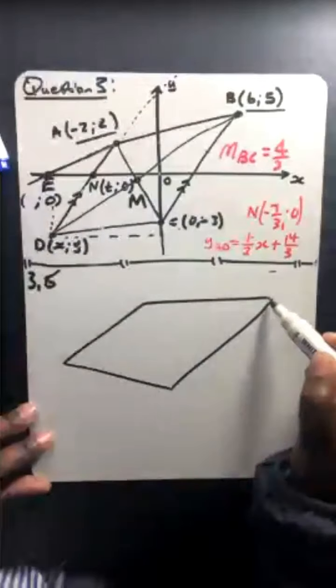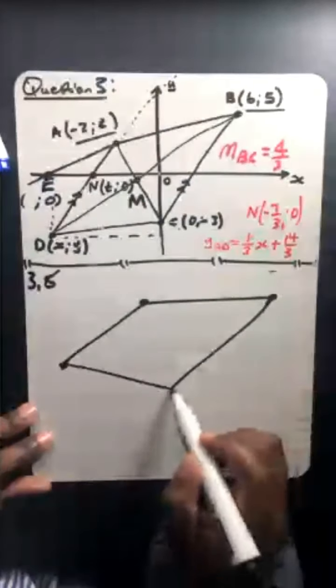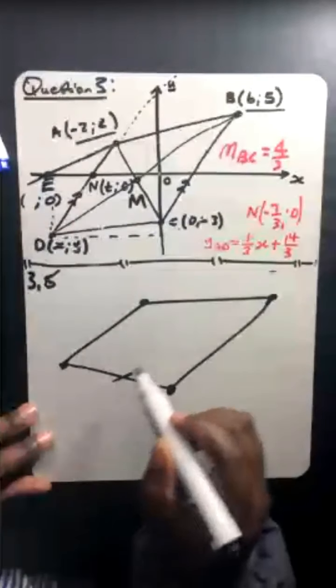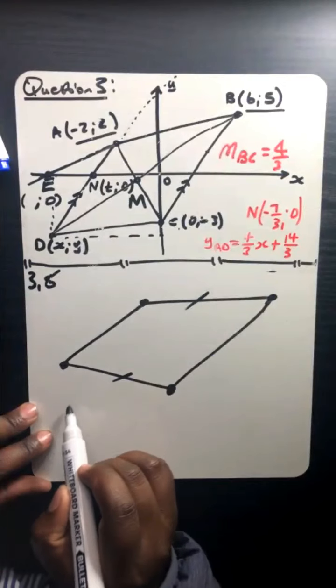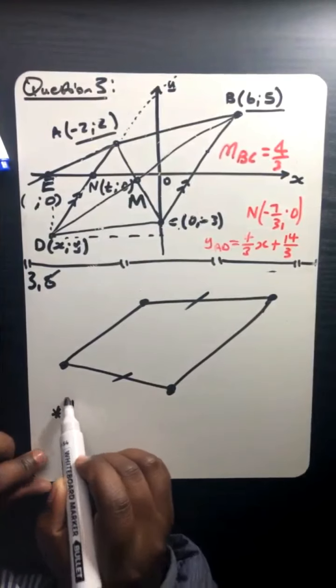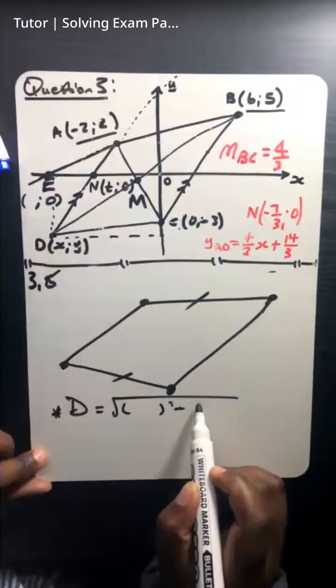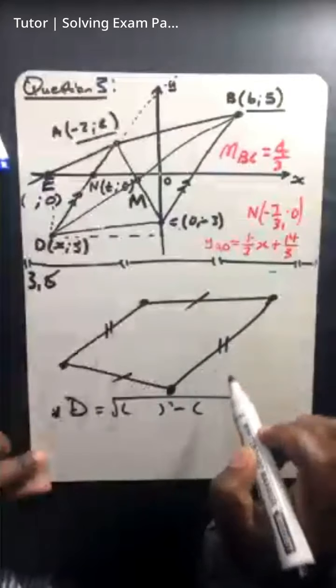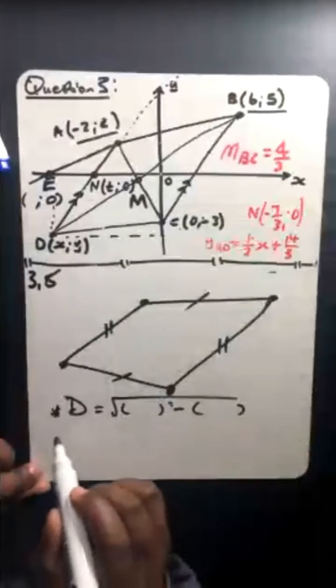So when we have a parallelogram, it means if this side is equal to that side, if we can prove by the distance formula that this is equal to that, or this side is equal to that, then you can make a conclusion to say it is a parallelogram.